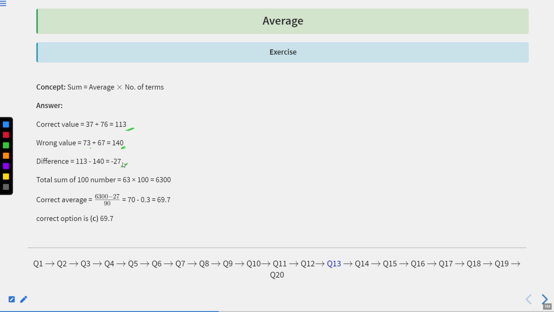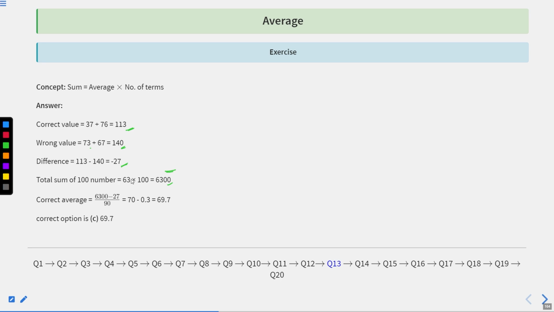So this is the difference it created. So the total sum of 100 numbers is 63 into 100, that will be 6300. This time actually there were 90 observations, not 100. So we are working this part for that.